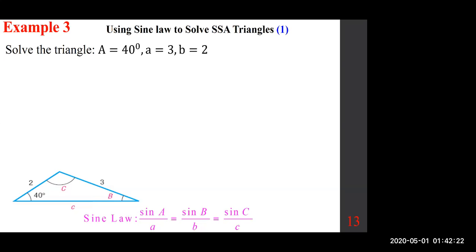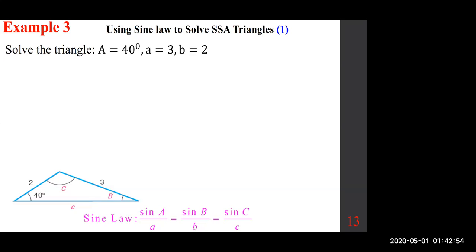So the angle is 40 degrees, and the two sides are 3 and 2. A is equal to 3, and B is equal to 2, and A equals 40. The way it's given, you just throw in the numbers somewhere and try to work it out. It doesn't have to be a perfect triangle. It's a good idea to start with something.